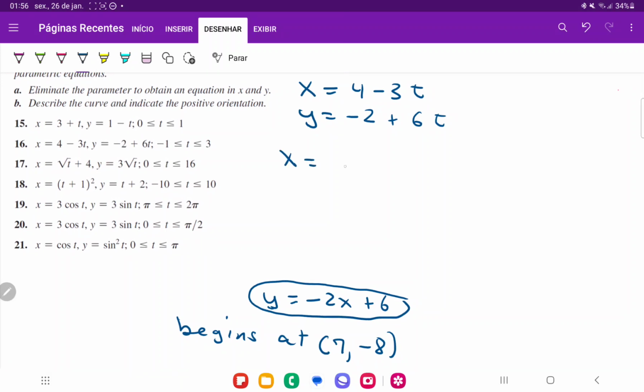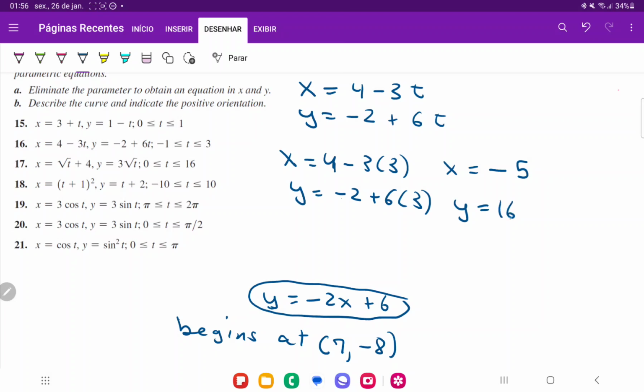So x is going to be equal to 4 minus 3 times 3. So that's going to be 4 minus 9, which is x equal to minus 5. And y is going to be equal to minus 2 plus 6 times 3, so minus 2 plus 18, so y is going to be equal to 16.